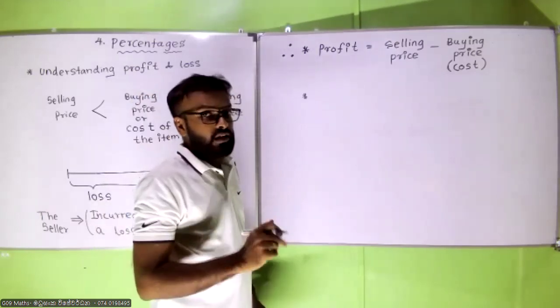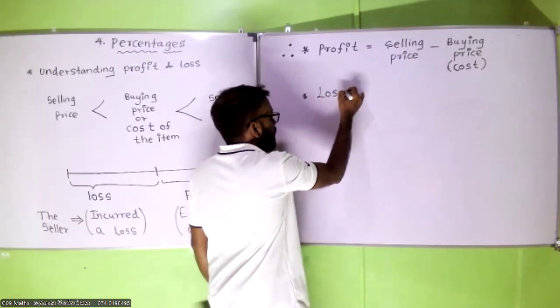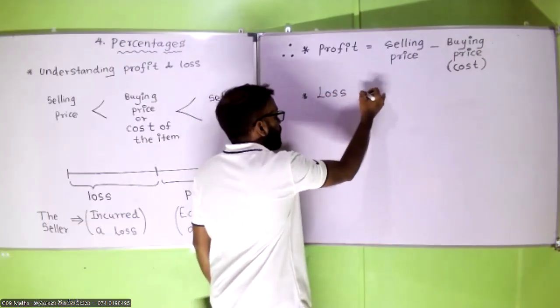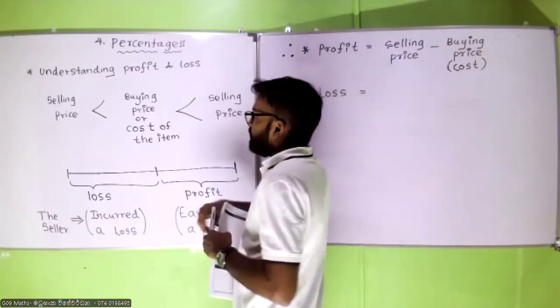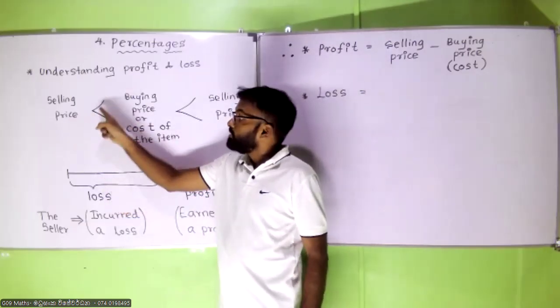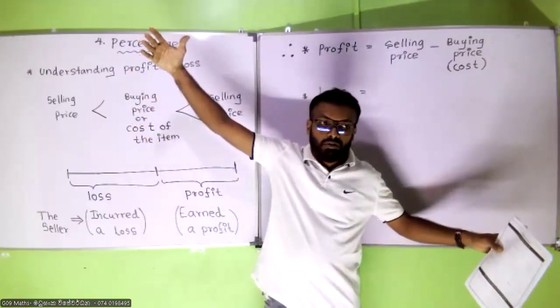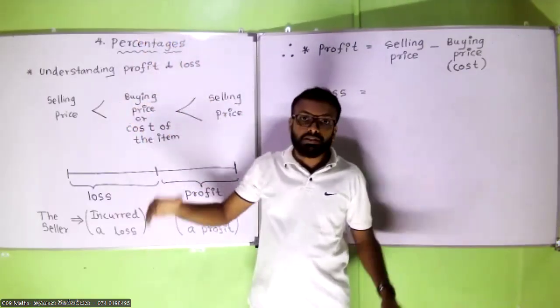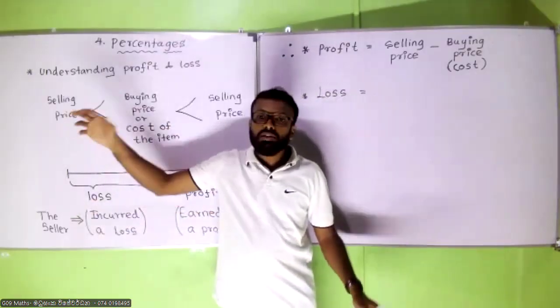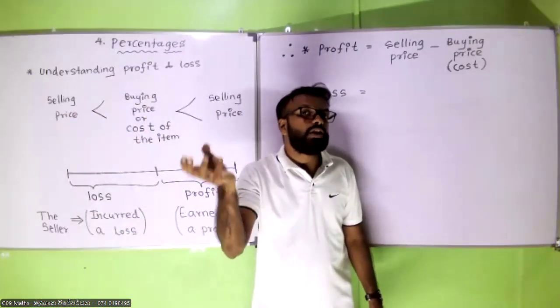Then how to calculate the loss? When it comes to the loss, the selling price is less than the buying price, so the buying price becomes bigger. Look here. The big brother is the buying price, the smaller one becomes the selling price. So you are selling your item at a loss.